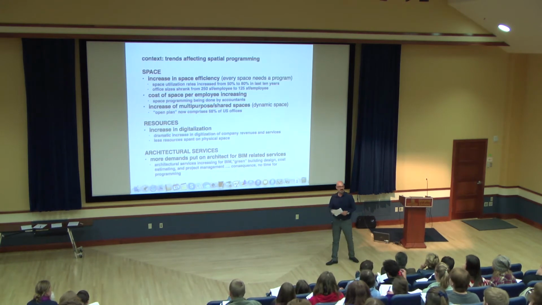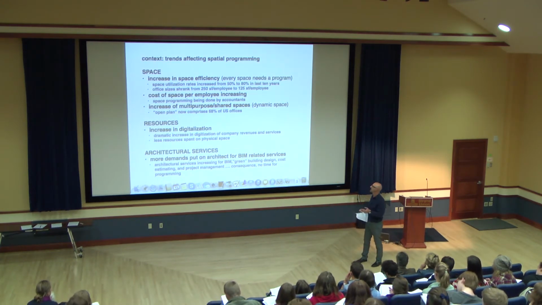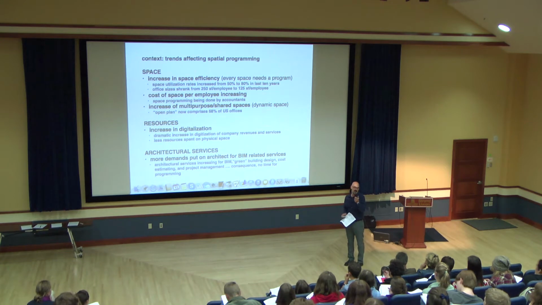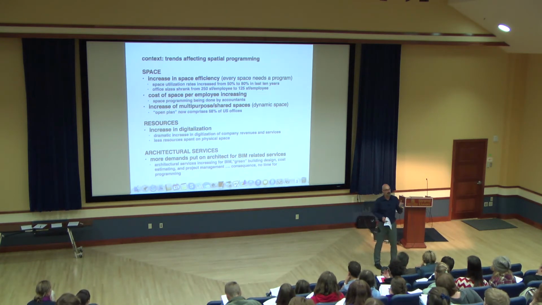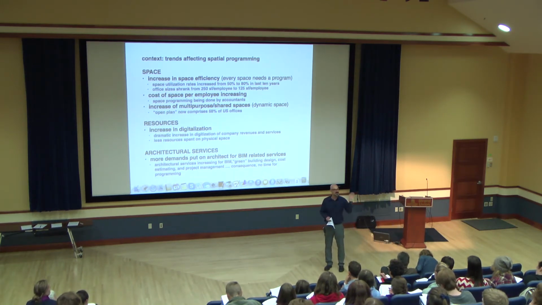Some of the statistics showing this are that space is being used more and more. The space that offices give for employees is shrinking. The cost per employee is rising. The money that companies spend on resources is going to software, not to the physical development of spaces.